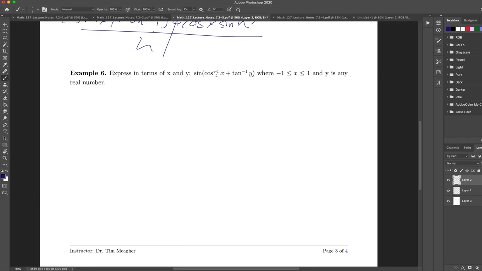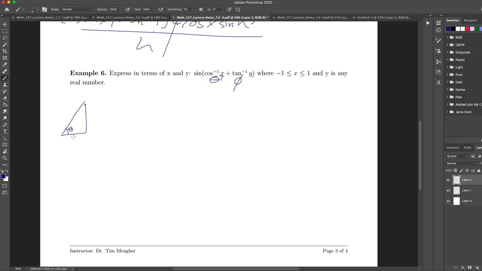Well, the inverse cosine of x, remember the inverse cosine gives back an angle, so we're just going to call that theta. This gives back an angle, we're going to call that phi. Okay? So let's just draw two triangles. Here I have theta, and that gives me x over 1, right? So the inverse of x over 1 gives me that.